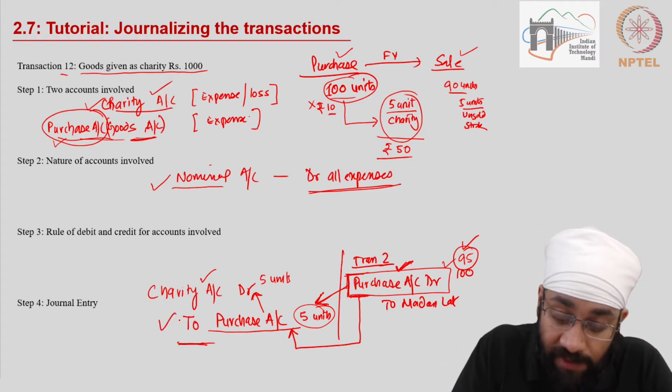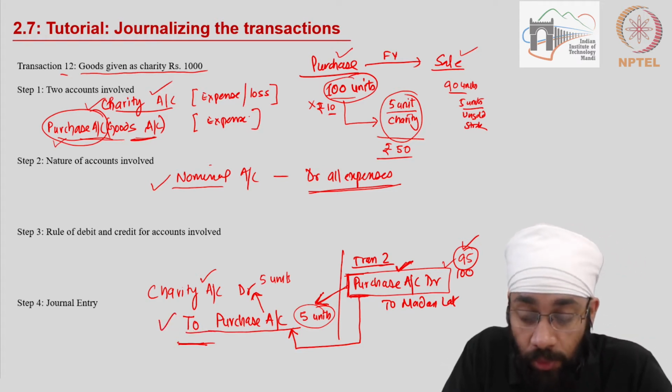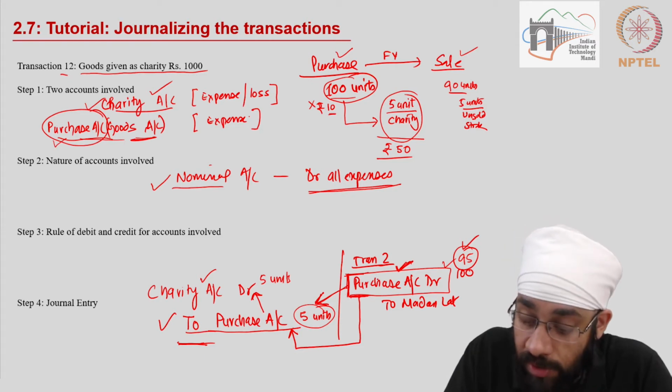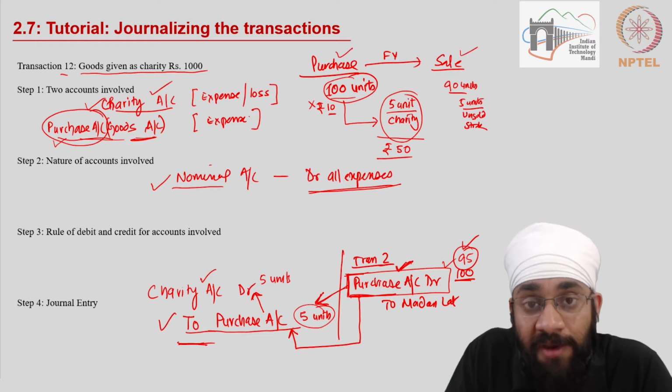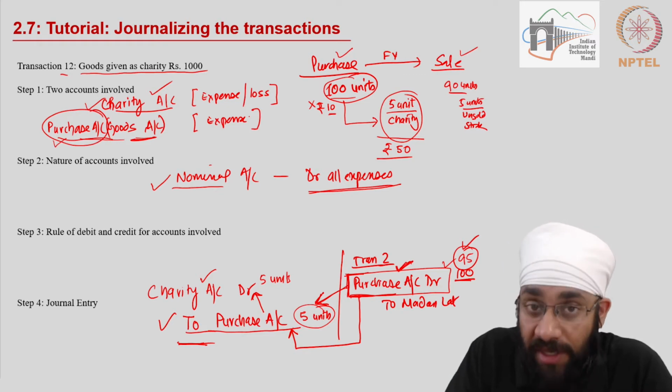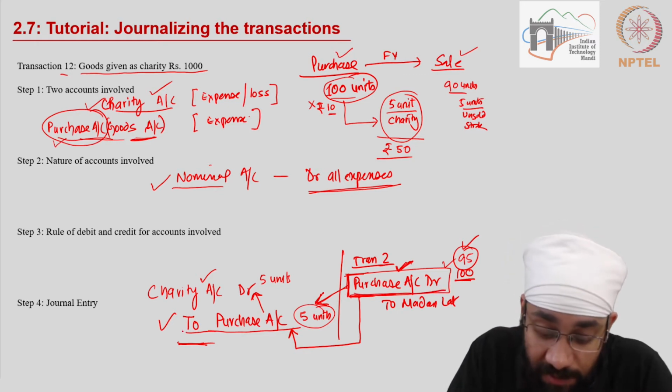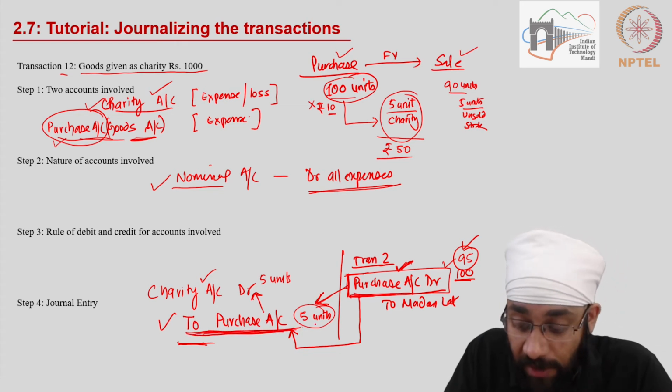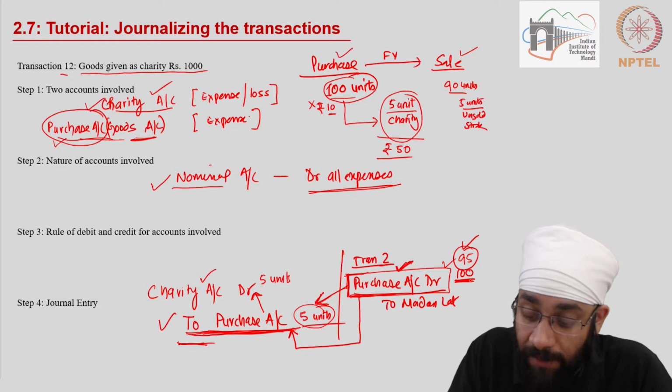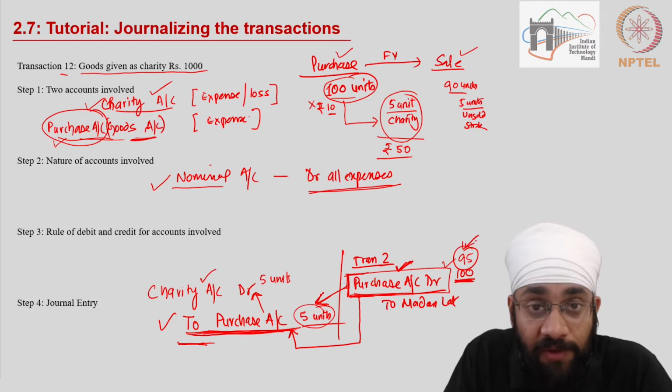And here the reason for giving a credit to the purchase account is because we had a debit of 100 units to purchase. We created an opposite, a cancelling transaction for purchase account by giving a credit to the purchase account, so that the purchase account shows only 95 units.